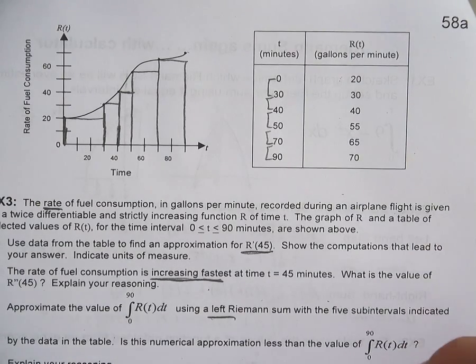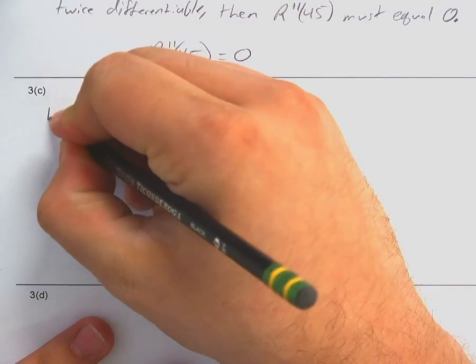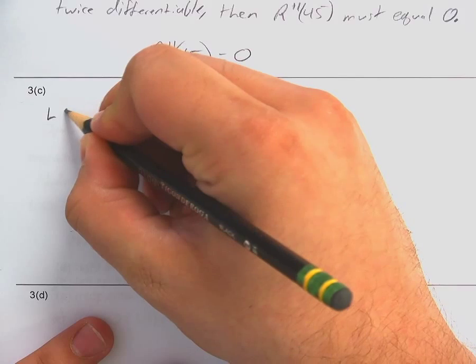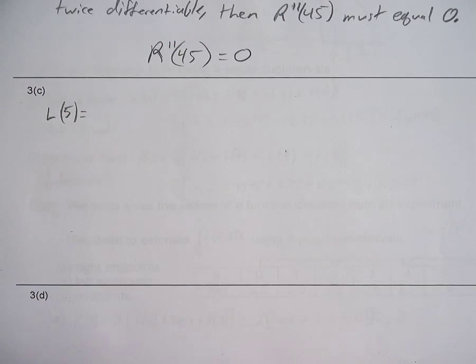So I've got this table over here on the other side of me, so I'm going to flip this over here. For 3C, my left Riemann sum using 5 subintervals. Alright? And really, all I'm going to do is take the area of each one of these rectangles. My delta x is not staying the same here. So I'm just going to take the area of all the rectangles.